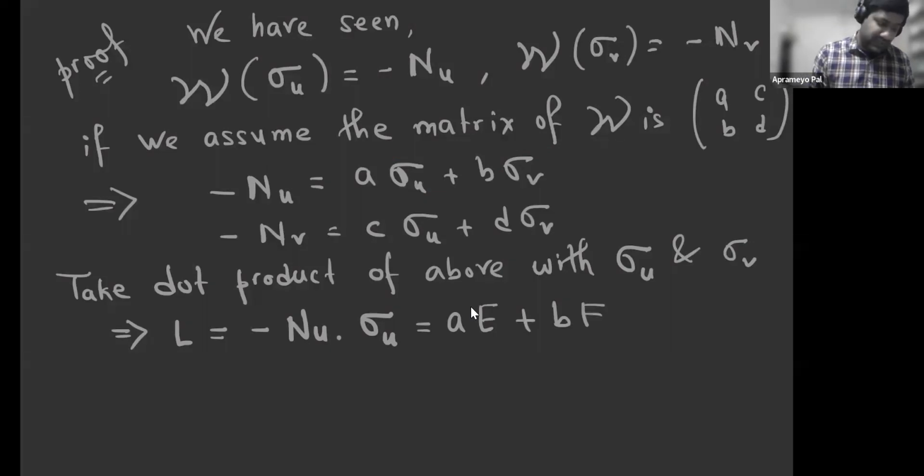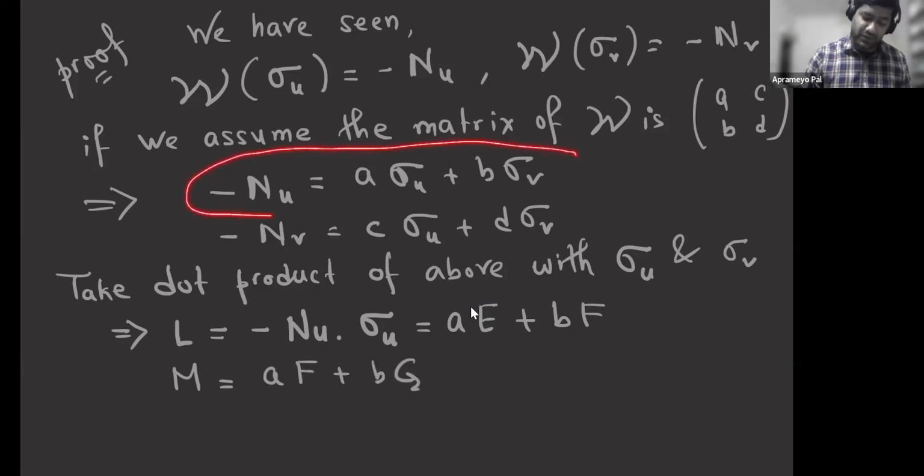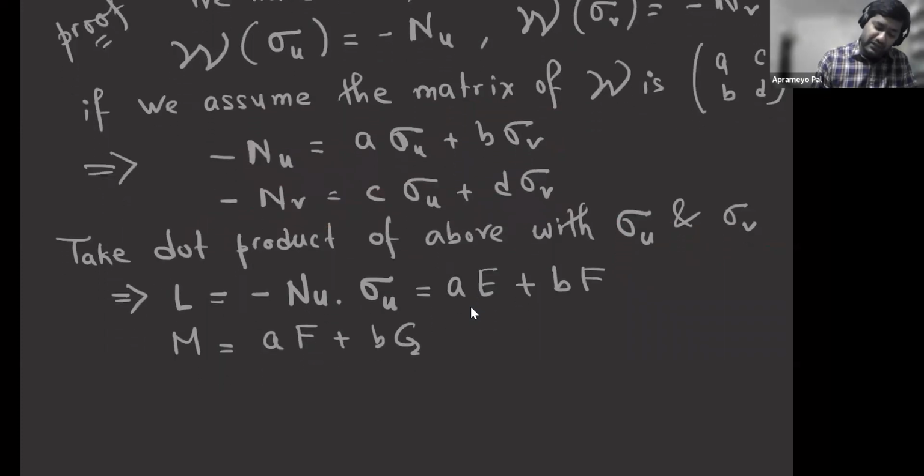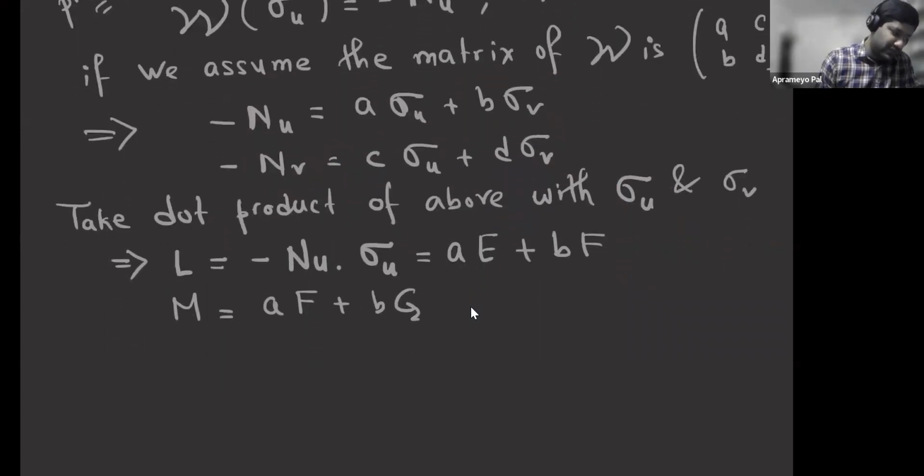And similarly here you get M is again minus Nu dot sigma V, which you can now rewrite as AF plus BG. So I have completed the dot product of this equation with sigma U and sigma V. Now I'll do the same technique with the second equation, and that would give me the rest of the coefficients.